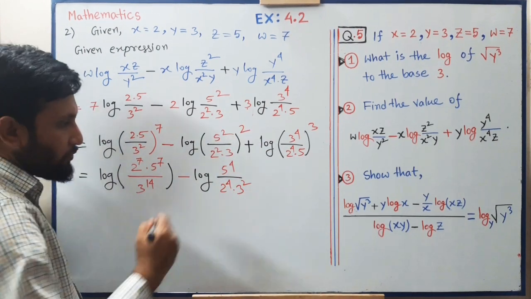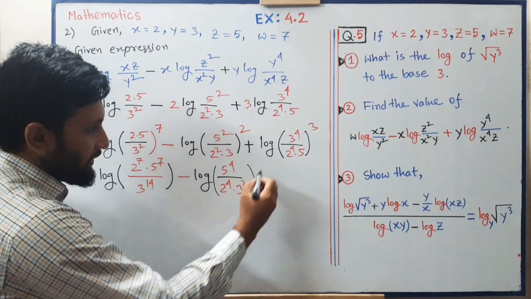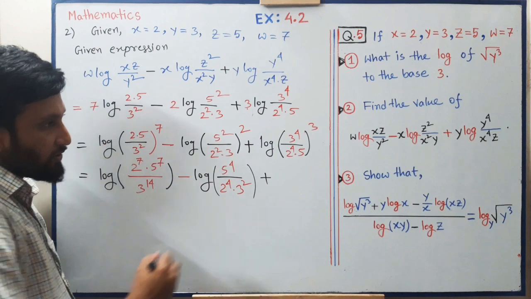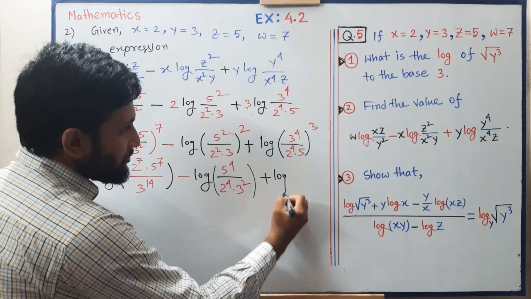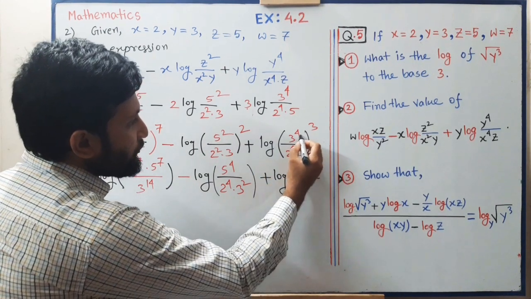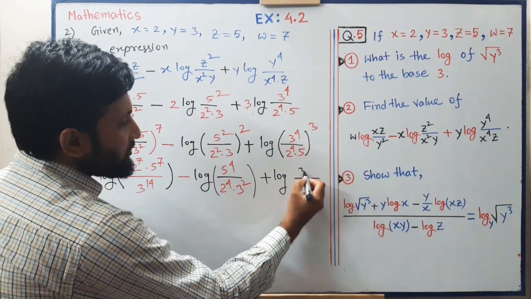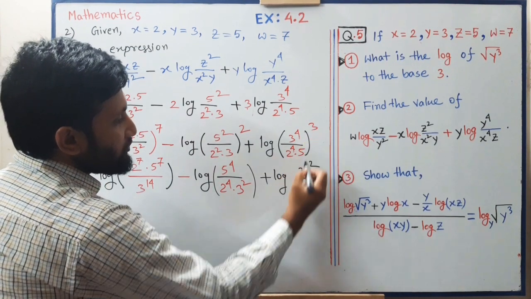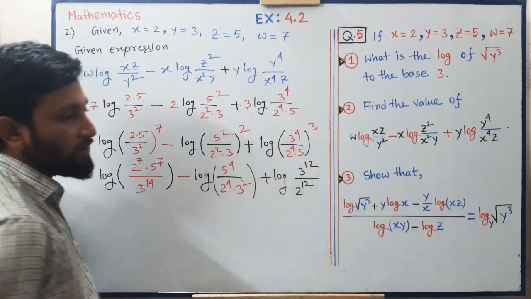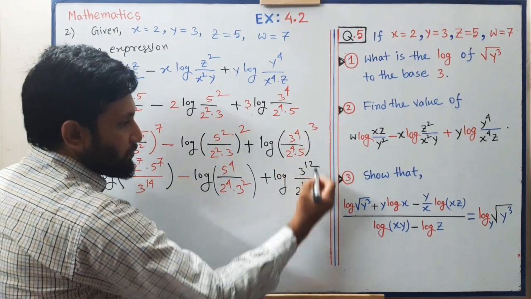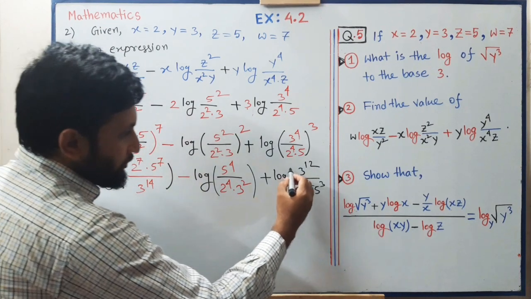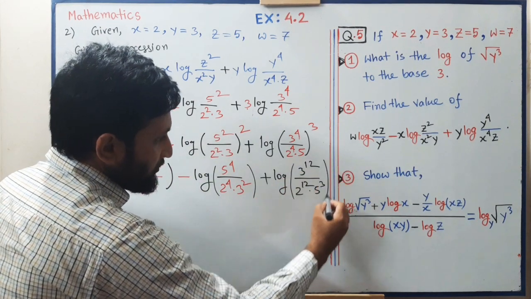And then closing the first bracket, and then the next term, plus sign. So, you can write log 3 to the power 4 and then cube. So, you can write 3 into 4 into 3, that means 12, and then 2 to the power 4 into 3, that means 2 to the power 12, and then 5 cube. So, 5 to the power cube. Okay. And then closing the first bracket.